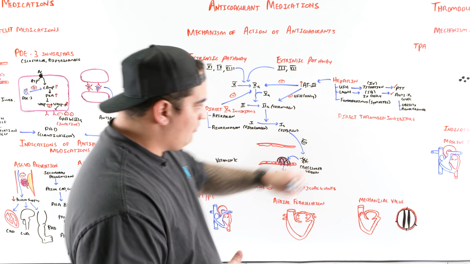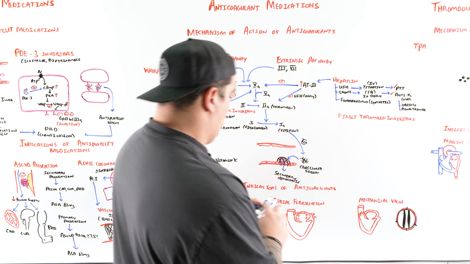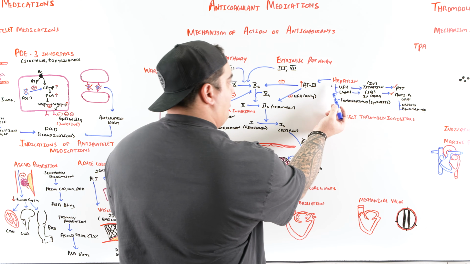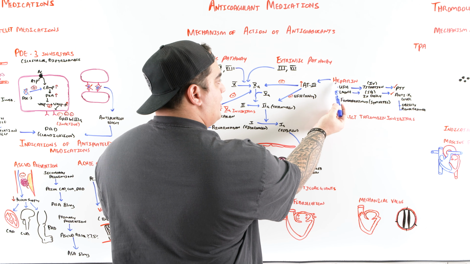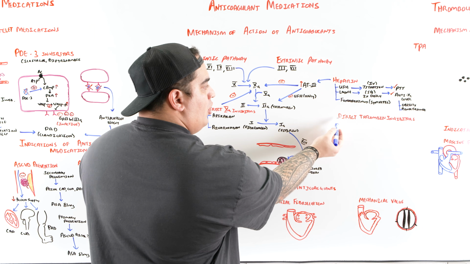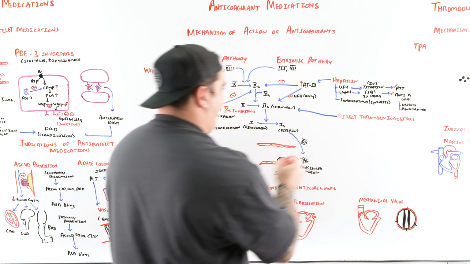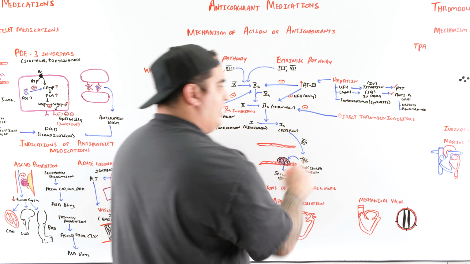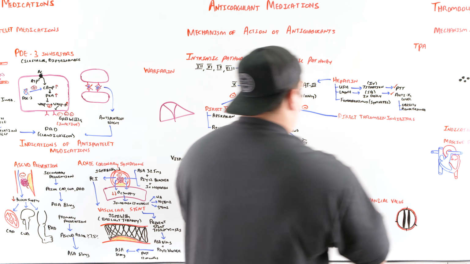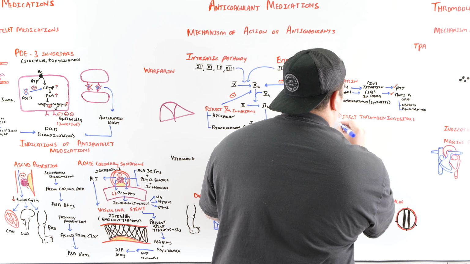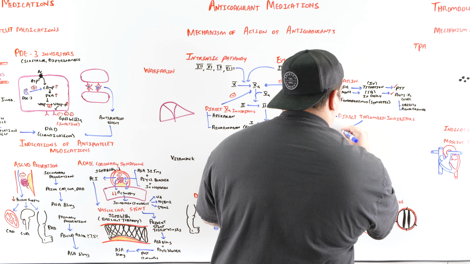Now, direct thrombin inhibitors. Heparin is a heavy hitter because the unfractionated version can do both of these. Direct thrombin inhibitors go straight here. If you inhibit this one, what would these heavy hitters be? It comes down to two groups, so let's group this off into two different areas.